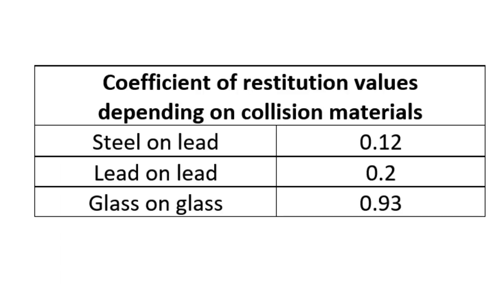For instance, for steel on lead, the coefficient of restitution is about 0.12, for lead on lead, 0.2, and for glass on glass, 0.93.